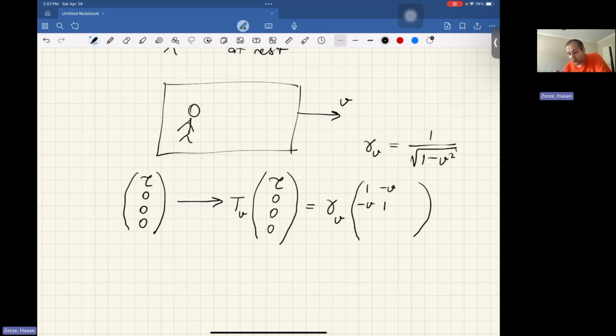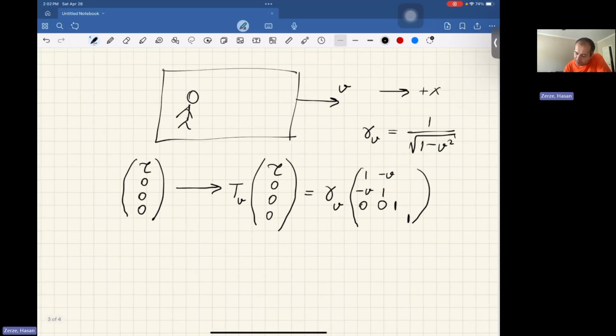We have shown this for one-dimensional motion, but you can generalize it to three-dimensional motion. Suppose the reference frame is moving along the plus x direction according to the object at rest.